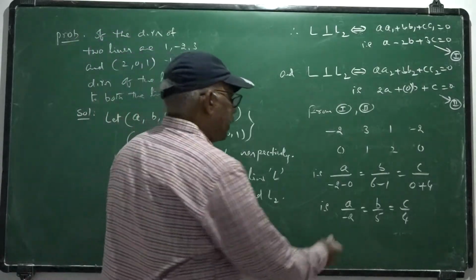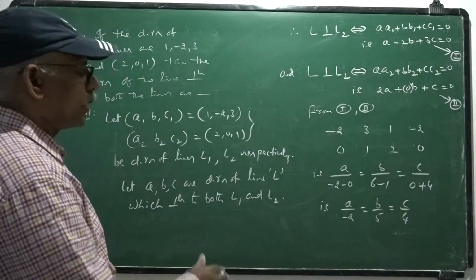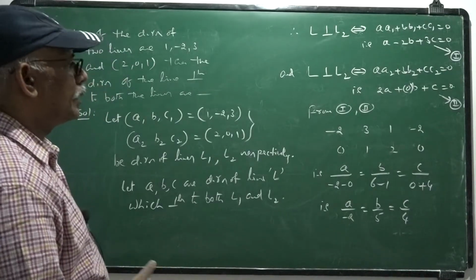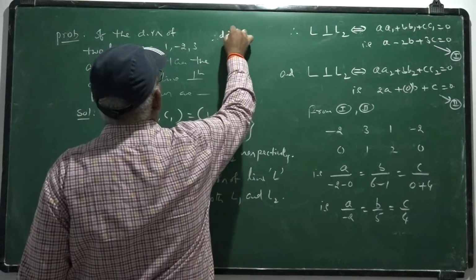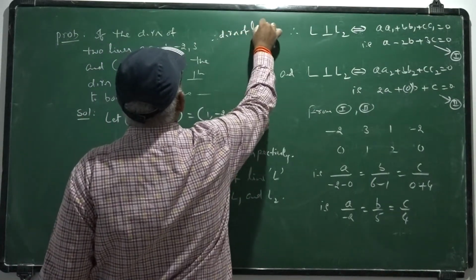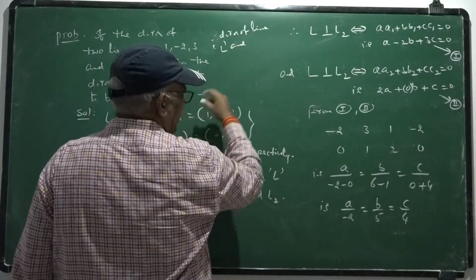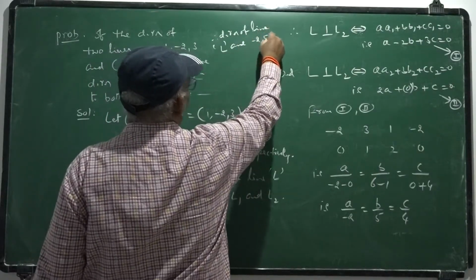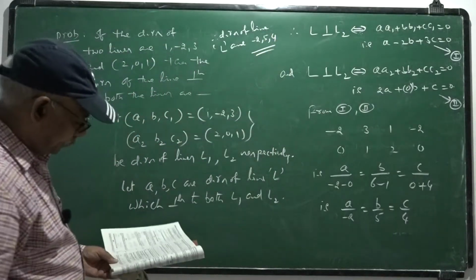Hence, A, B, C are proportional to -2, 5, 4. Hence, -2, 5, 4 can be considered as DRs of the line L. Therefore, DRs of line L, which is perpendicular to both lines, A, B, C are -2, 5, 4 because they are proportional values to A, B, C.